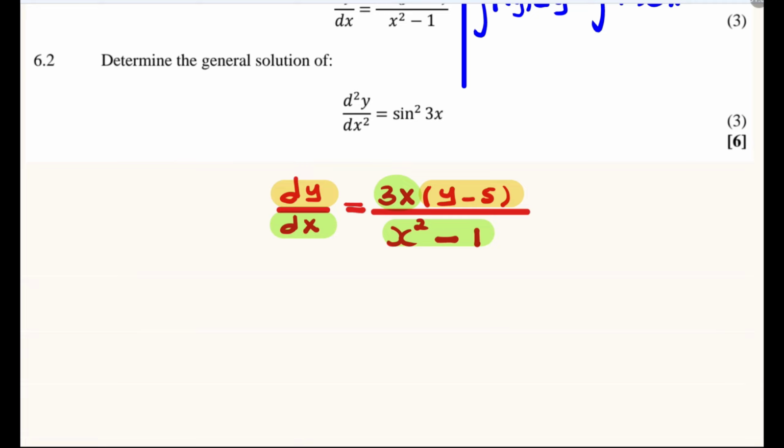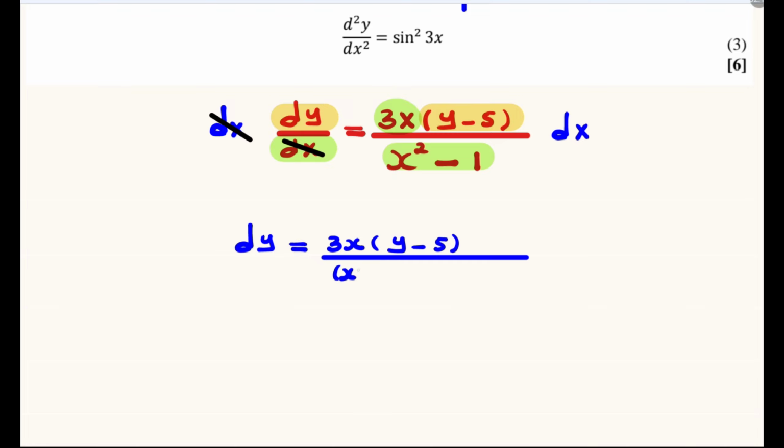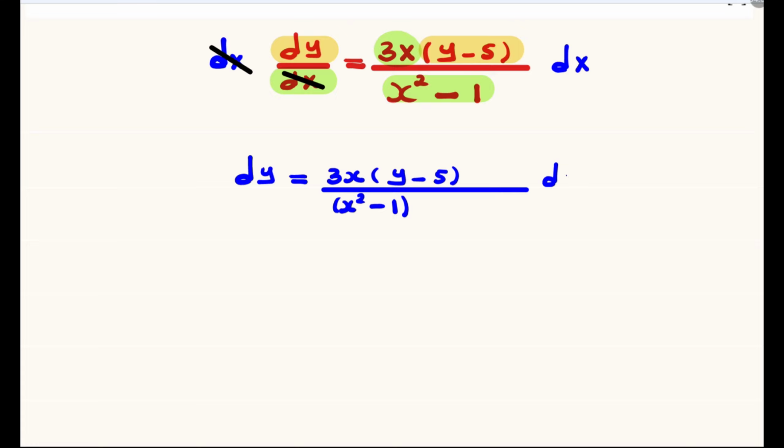The first step is for us to multiply both sides of the equation by dx, and on the left hand side that dx and that dx will cancel out and we will be left with the dy, and on the right hand side we are going to have 3x multiplied by y minus 5 divided by the x squared minus 1, and we have our dx.